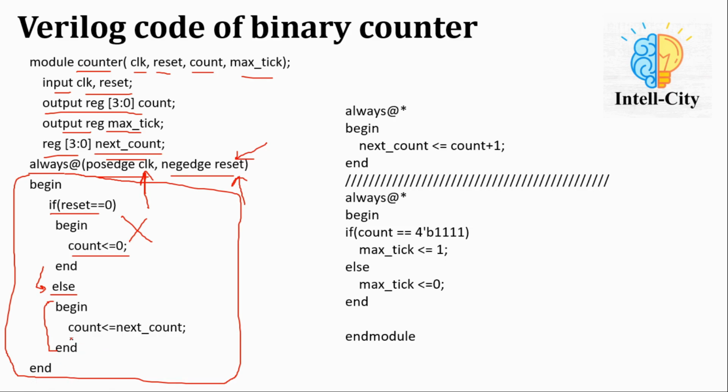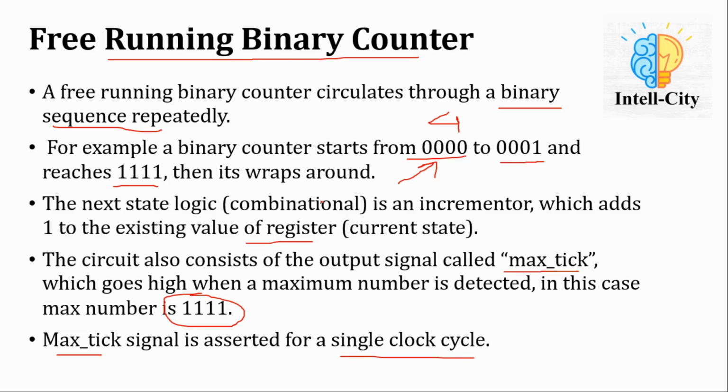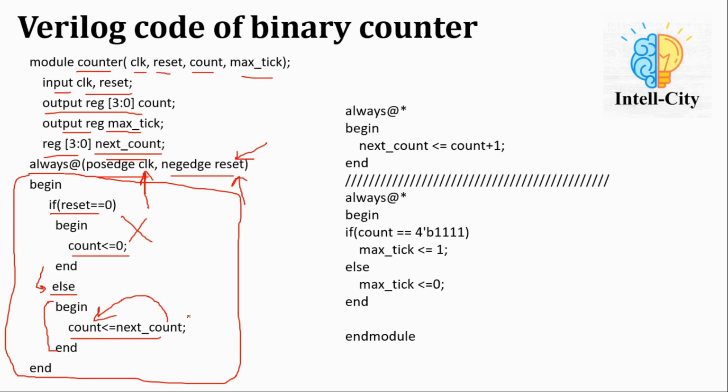So we assign the next count value to the count. For example, from this block you can see that if the clock is detected, then we assign whatever value the next state logic has produced to the state register. This is what we have done.